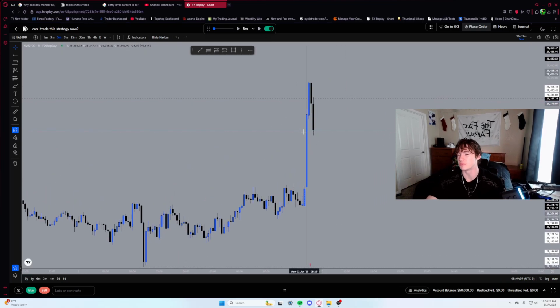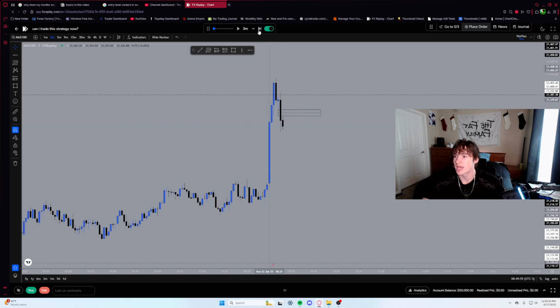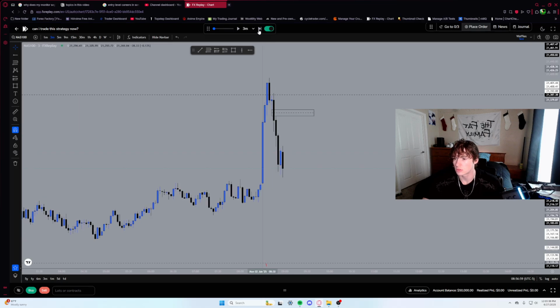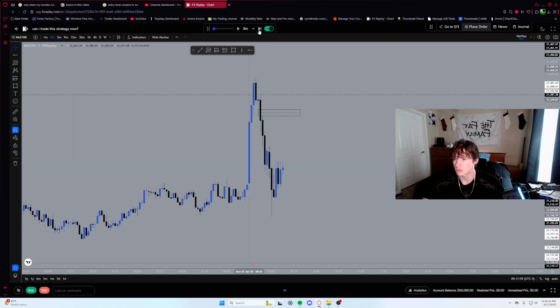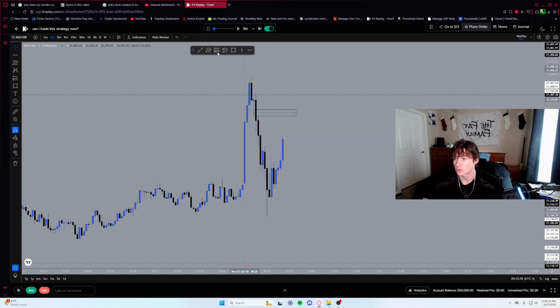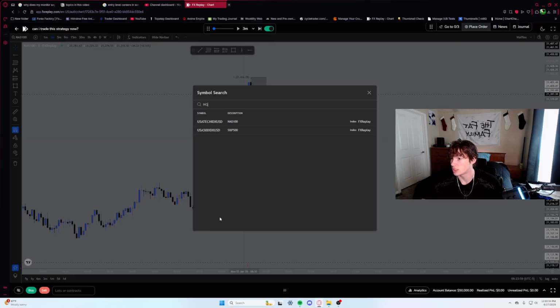That's a huge S&T. Now we want to go down to the 3-minute, and we have a fair value gap right here, and we have a liquidity sweep.